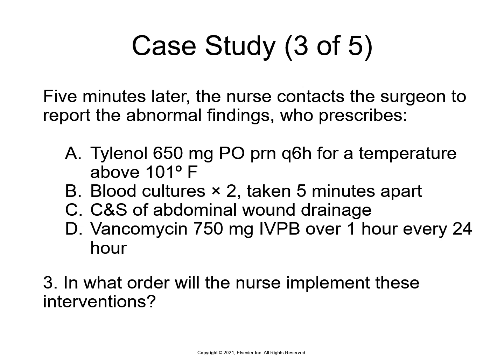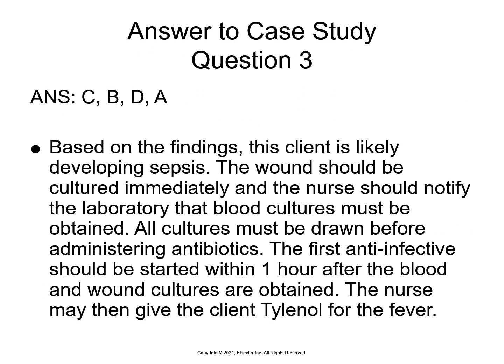What do you do first? So this is the order that you would do it. You would first culture the wound and tell the laboratory that blood cultures need to be obtained. All this should be done before you start antibiotics, so get it done quickly before you even start your antibiotics.